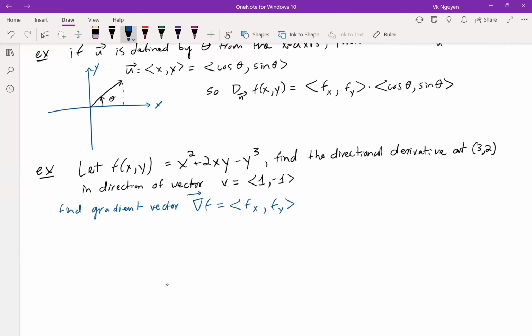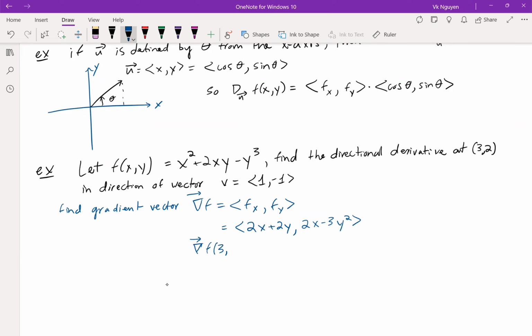Okay, so let's do it. Fx is going to be 2x plus 2y. Fy is going to be 2x minus 3y squared. Right? Now we have to evaluate at the point (3, 2).